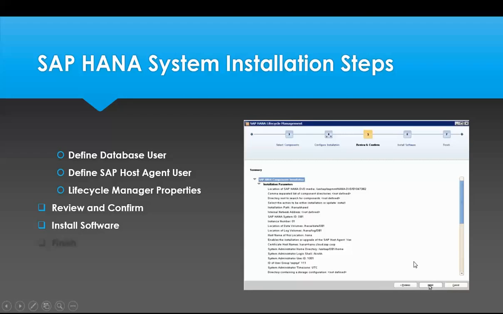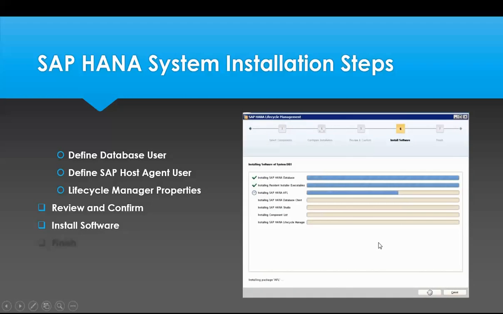First, SAP host agent will be installed, and then all the binaries for the database, and then the SAP HANA system will be created, then the SAP HANA database system will be started, delivery units will be imported for HANA Access or SAP UI5, and then next AFL will be installed, and then HANA DB client, then Studio, and last is LCM.